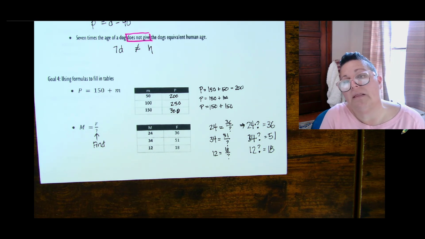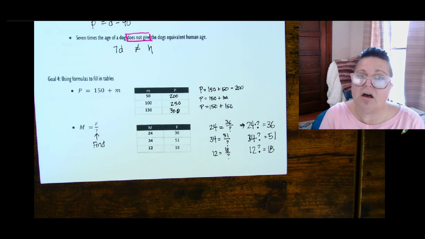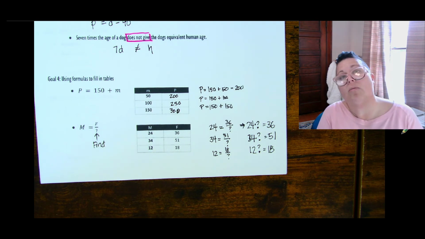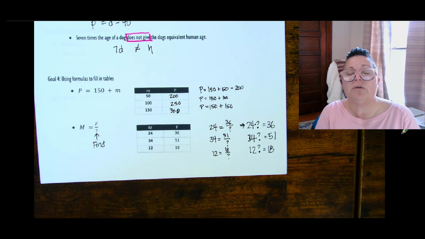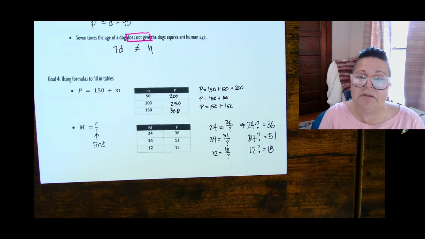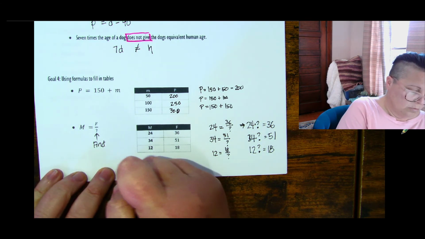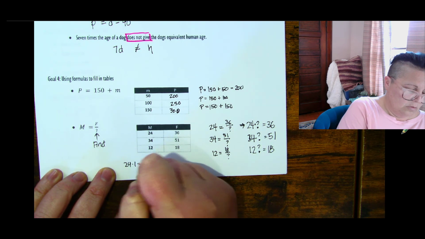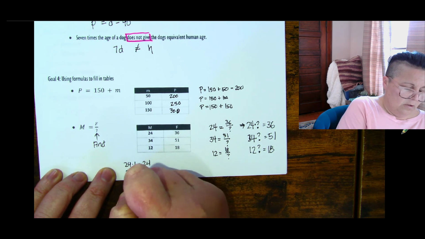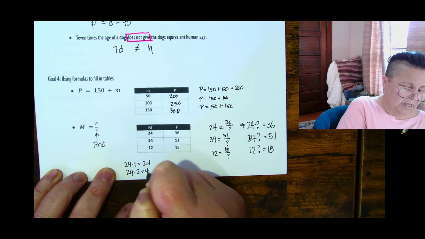At this point in this course, we are not solving things yet. I haven't done all the algebra with you. Maybe you already know some of that and this is a review. That's fine. But if you don't know the algebra, you can guess and check it, right? 24 times 1 is 24. 24 times 2 is 48.